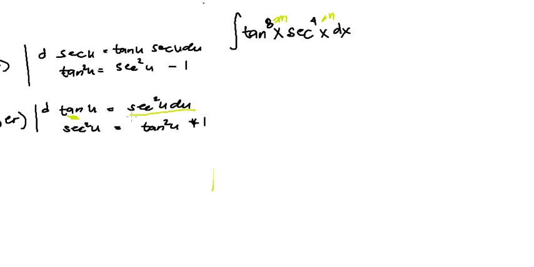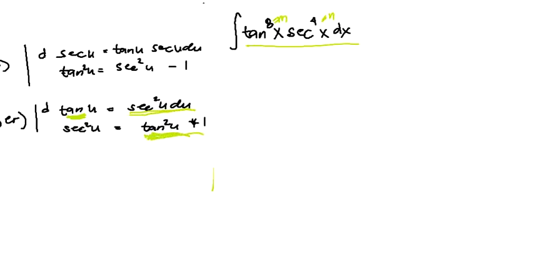So our technique is to separate or isolate this secant squared u du here. Then, once we isolate this, we can use the trigonometric identity to express these terms in tangent.